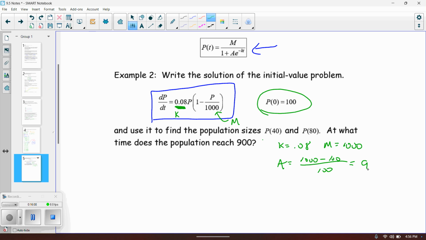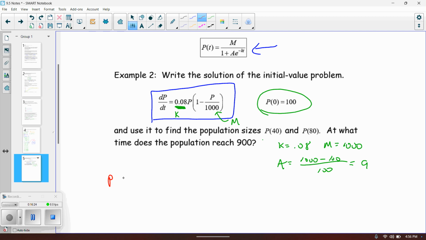So now we have everything we need to write this population equation, and then we can use that to find the population at 40, find the population at 80, and then be able to solve for when the population is going to reach 900. So let's first of all just write our population equation.